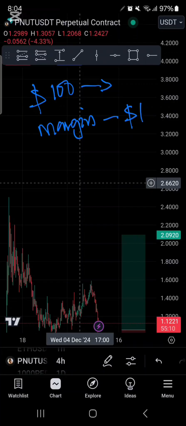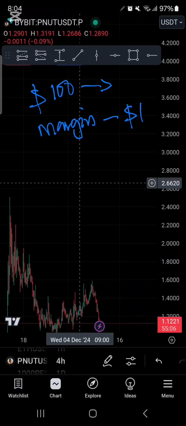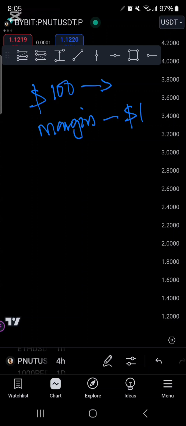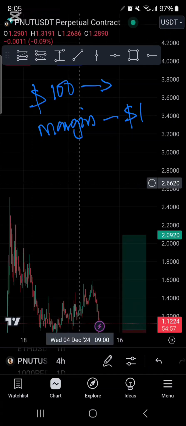For this particular class, you invest a small amount of capital, then bag a huge amount of profit. That's the idea. So you invest in margin. Now Peanut is at 100%.